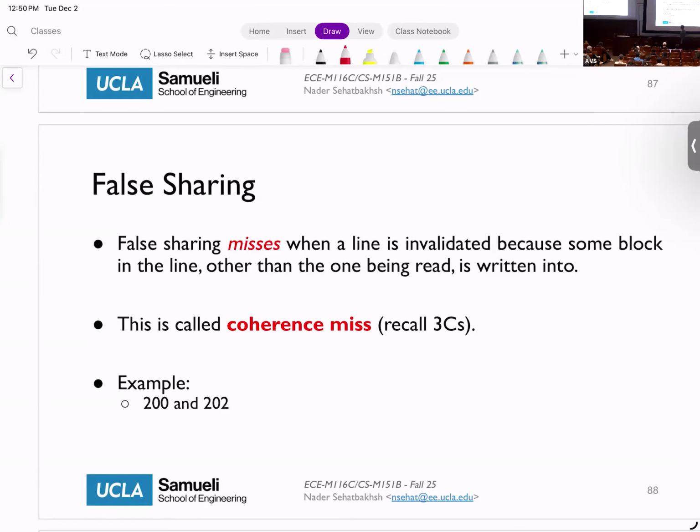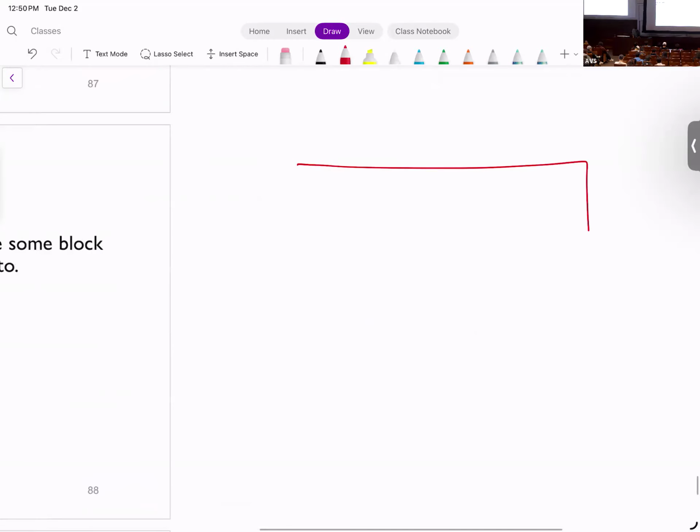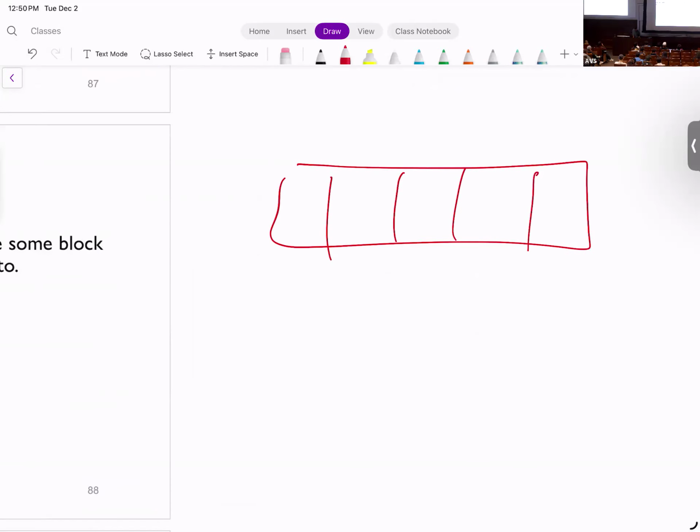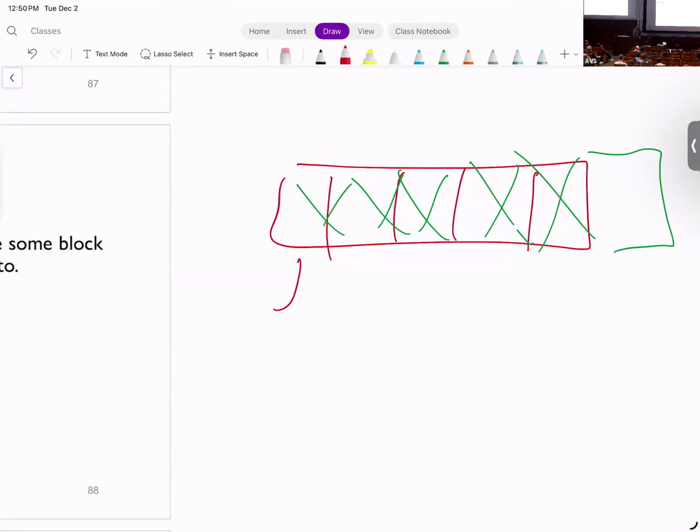So what it says is that if I have a block of multiple addresses, I usually maintain a coherent state here. So if I decide to invalidate, I'll invalidate all of these. But if I had just one coherence bit per line, per address, then I could have invalidated each one individually.